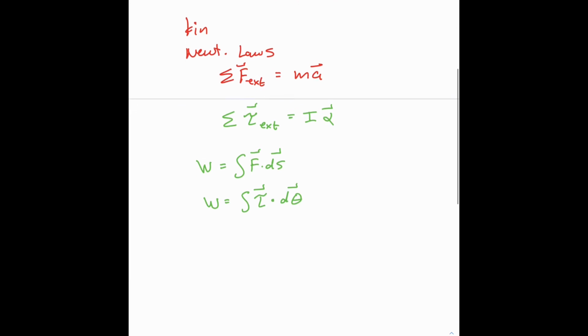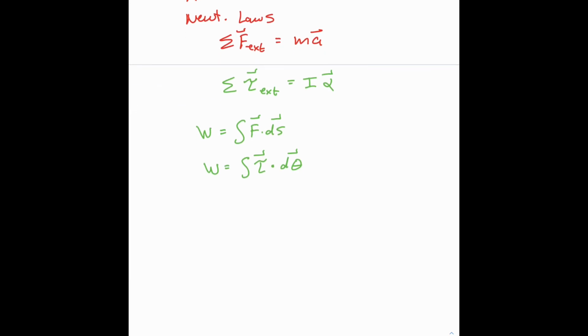Okay, what else have we learned? Momentum. Momentum is nothing more than an object's total quantity of motion found by multiplying mass times velocity. Angular momentum is found by multiplying rotational inertia times angular velocity.